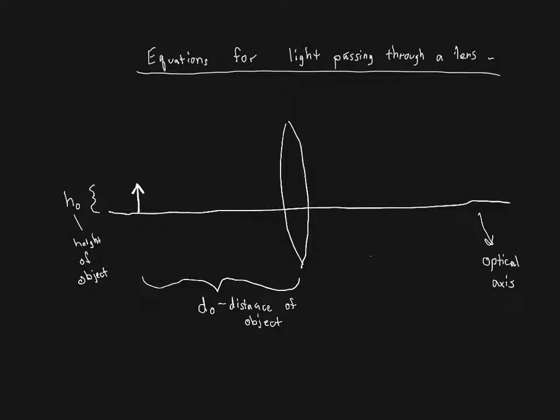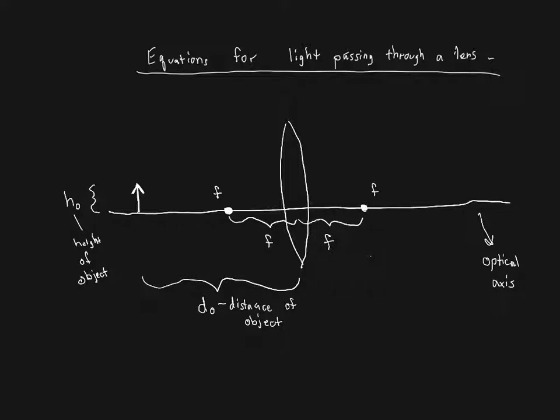Every lens that we have has two particular points. These 2 points are called focal points. It's where the light from the lens actually gets focused. There's a focal point on the front side of the lens, the same side of the lens as the object, and then there's a focal point that's equidistant away on the opposite side of the lens where the light will be focused for a converging lens.